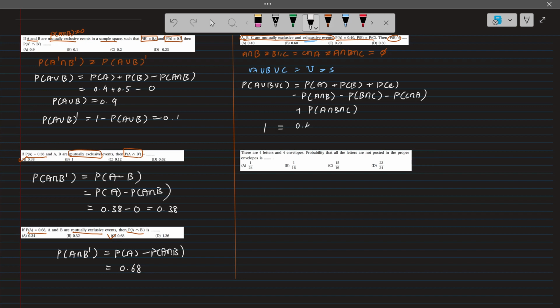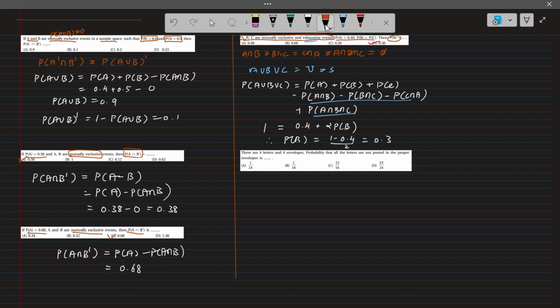P of A is given as 0.4. P of B and P of C are the same, so here we can write 2 P of B. The rest of the terms become equal to 0. So now we can say P of B is basically equal to (1 minus 0.4) by 2, or 0.3.